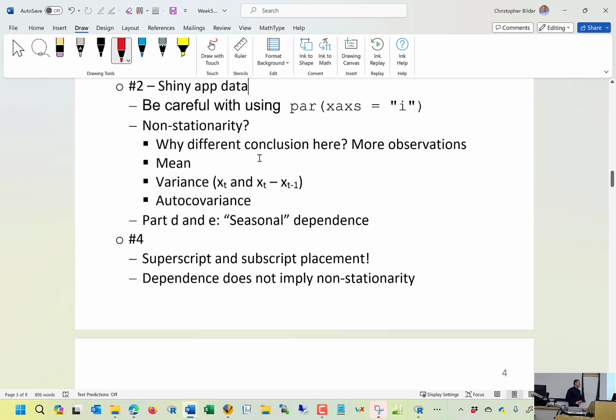Okay, so let's talk about number 2 with the Shining app data. And in my notes, I sometimes talk about using this argument with par, xaxs equal i. Does anyone remember what that does? It basically, by default, how R does plotting is this.